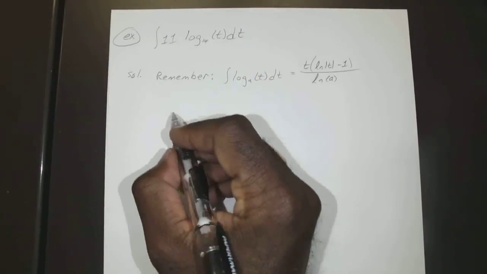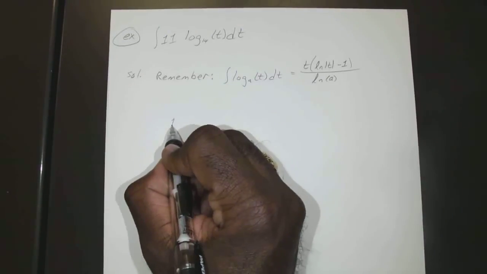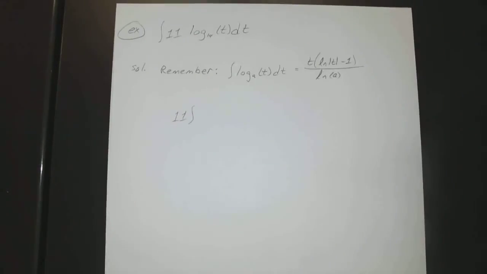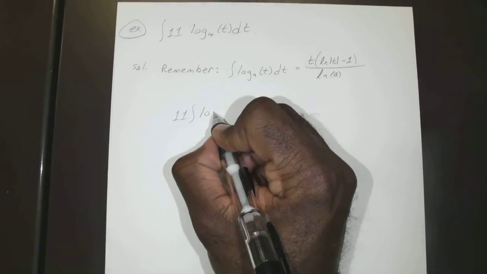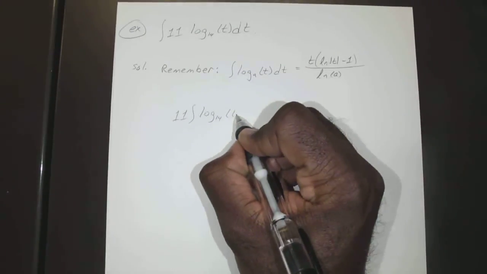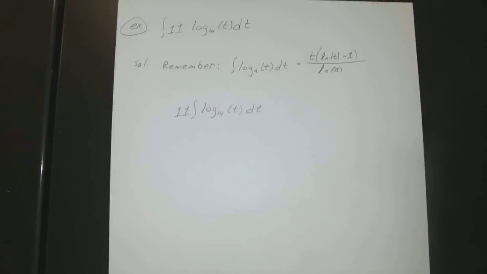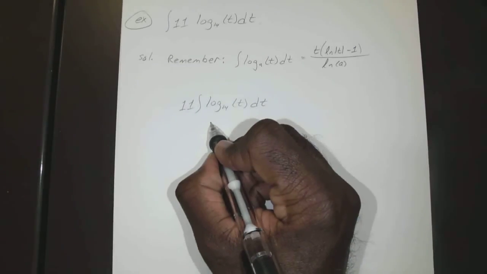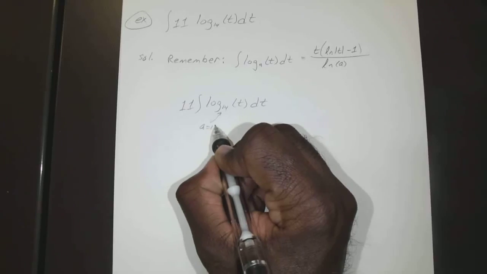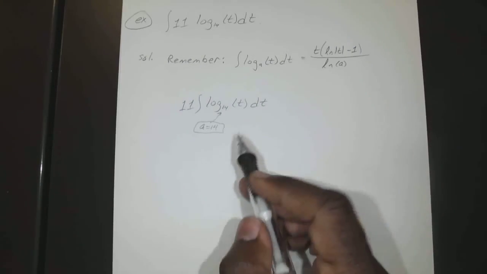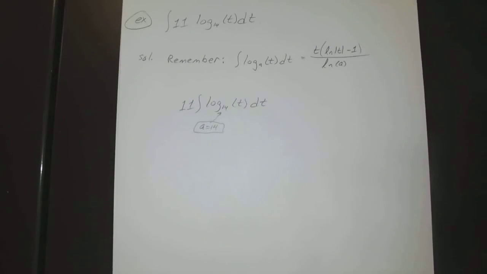Okay, so really here, all we have to do is just factor out our 11 times the integral of log base 14 of t with respect to t. And we know our a is equal to 14, and our u is t, which we already plugged in.